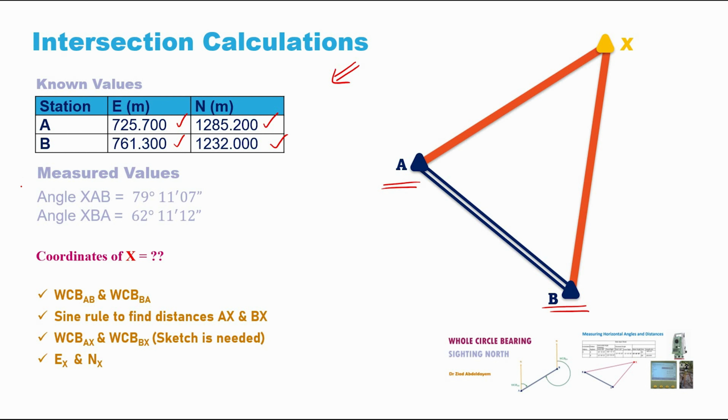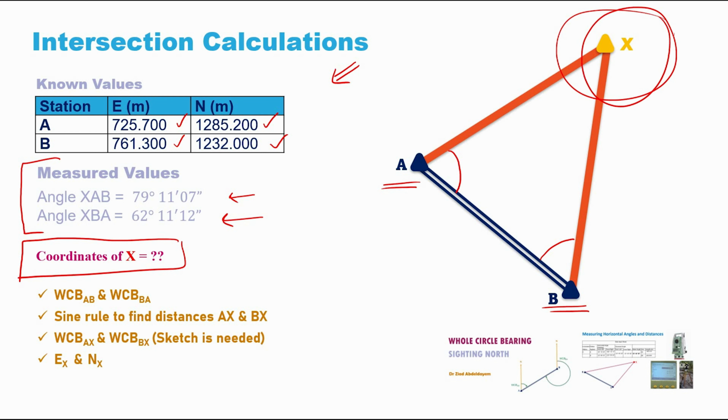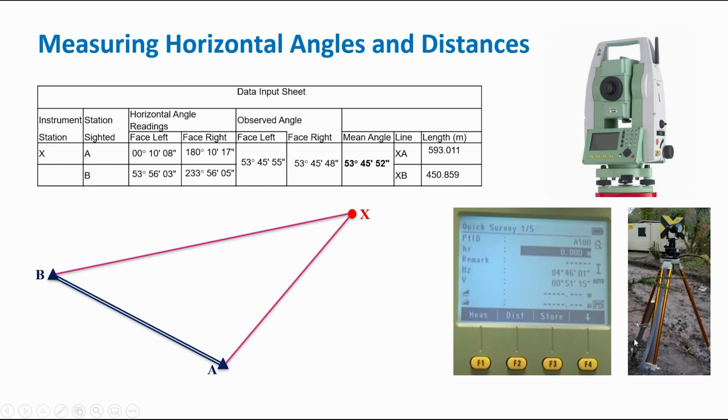And also using the total station, we have measured two horizontal angles: angle A, which is in this case 79 degrees, 11 minutes and 7 seconds, and angle B, whose value is 62 degrees, 11 minutes and 12 seconds. And our aim, of course, is to calculate the coordinates of this unknown station X, easting and northing.